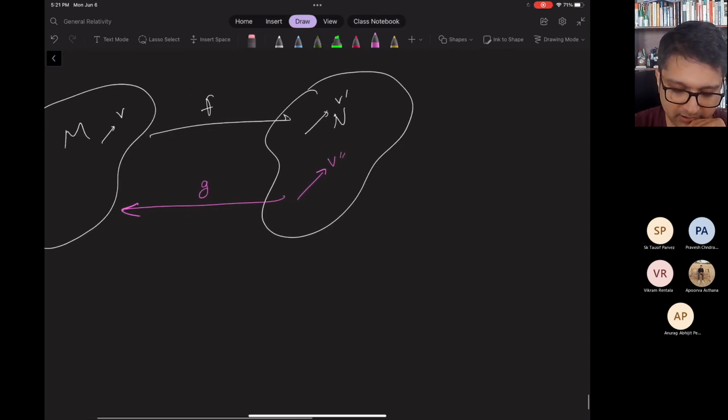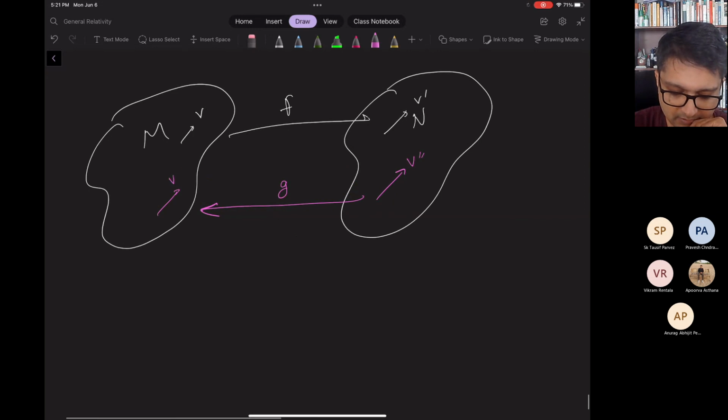This will generate vectors here, through the map G star, and this is through the map F star. It's taking me from V to V prime.